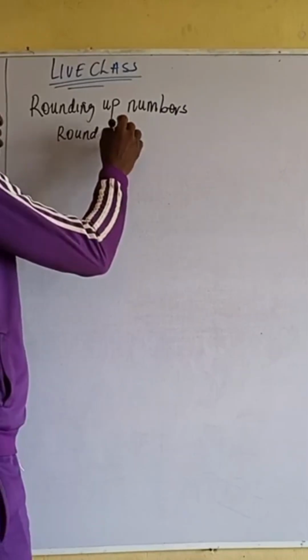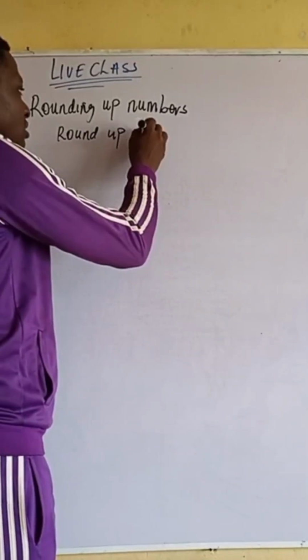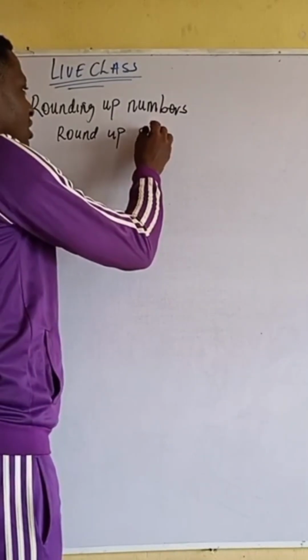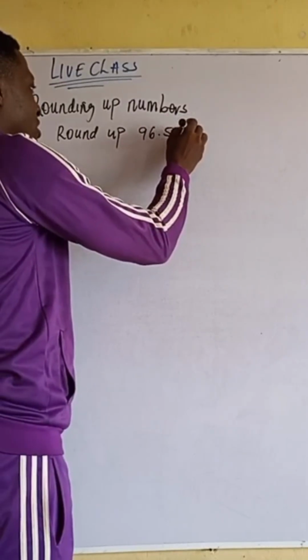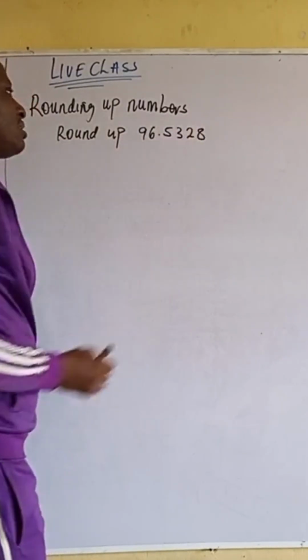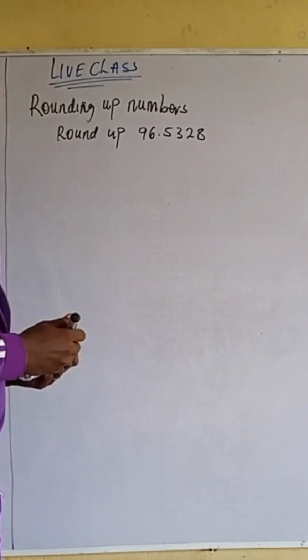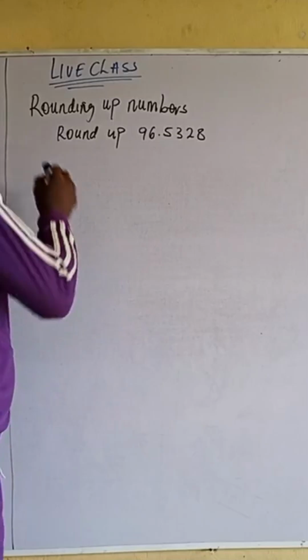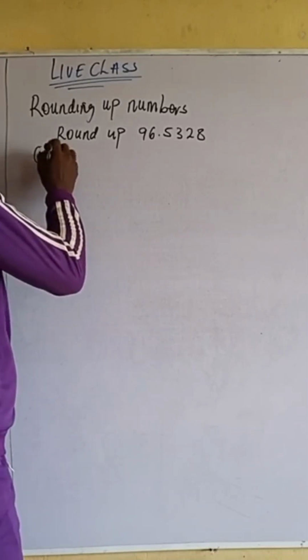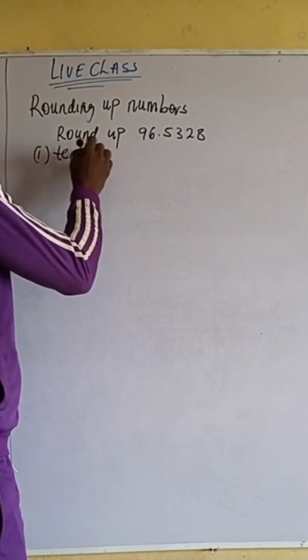Let's round up 96.5328. First, to the nearest tens.